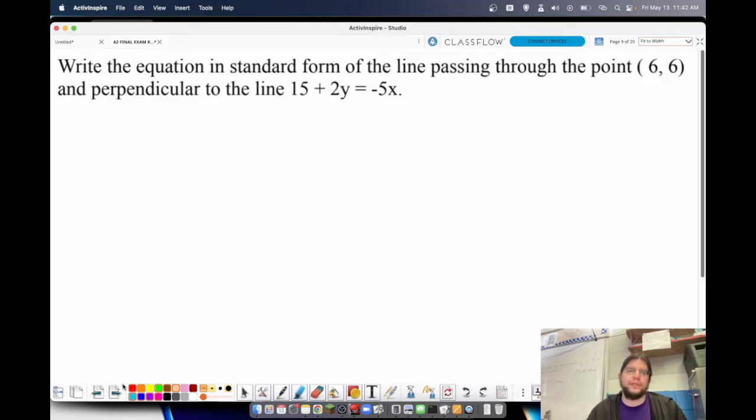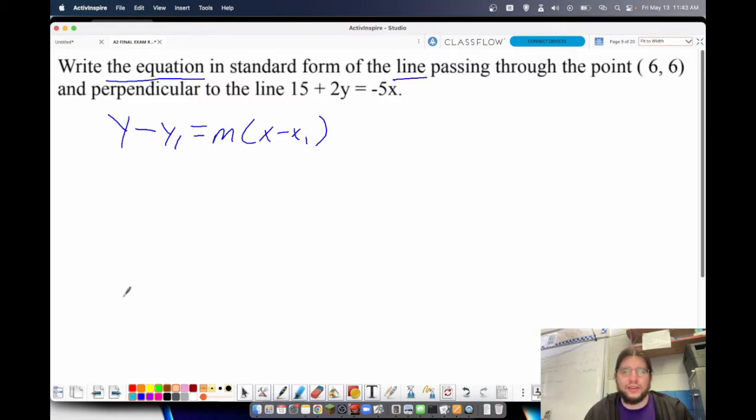All right. Writing the equation of a line. Remember, to write the equation of a line, start with your point-slope form: y minus y1 is equal to m times x minus x1. Anytime you need to write the equation of a line, start there.